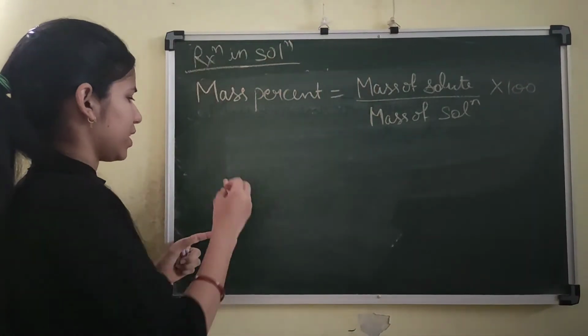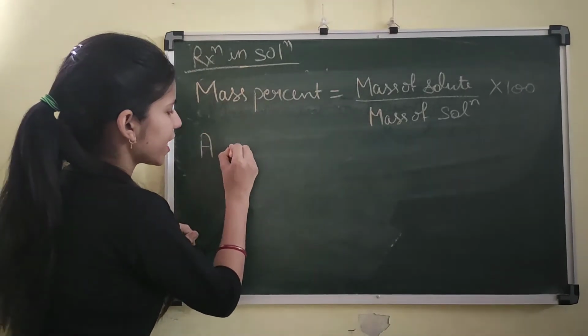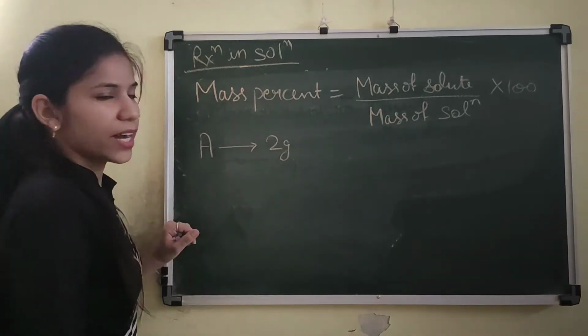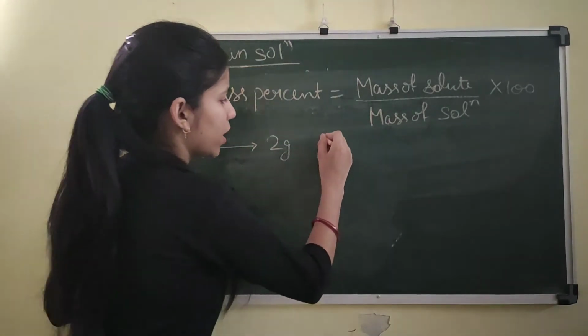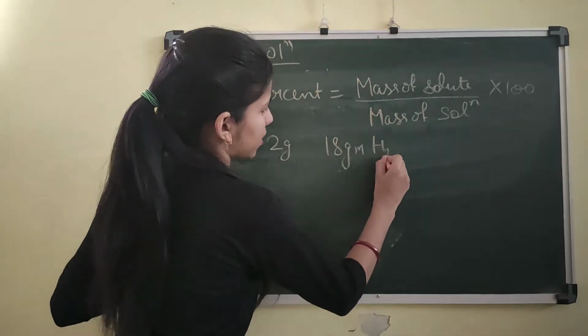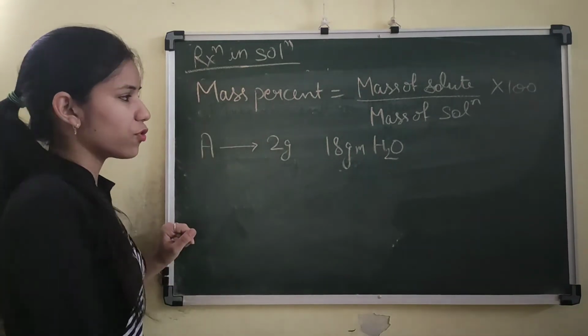For example, if a substance A is present at 2 gram and 18 gram of water is added, what is the mass percentage?